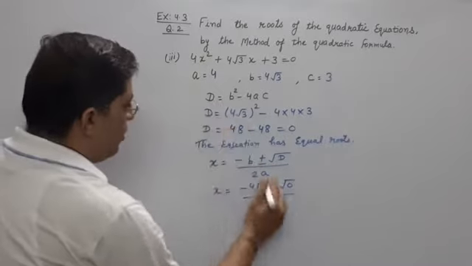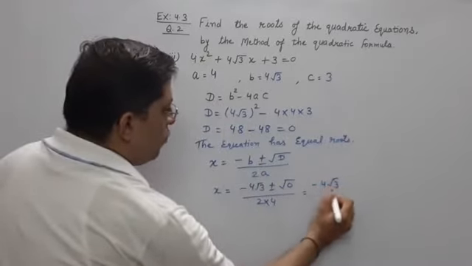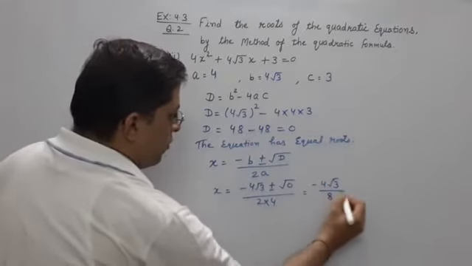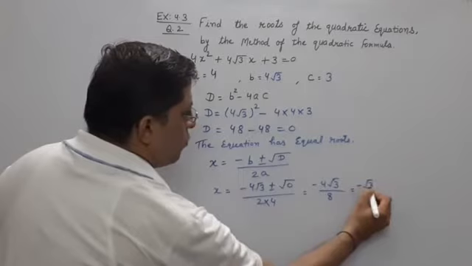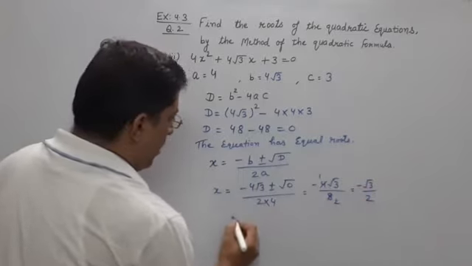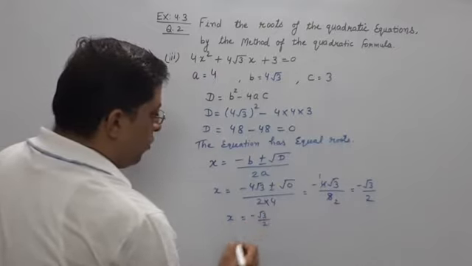What is a? a is 4. Minus 4 root 3 upon 8. Then you can cut: 4 1s are 4, 4 2s are 8. So x is equal to minus root 3 upon 2.